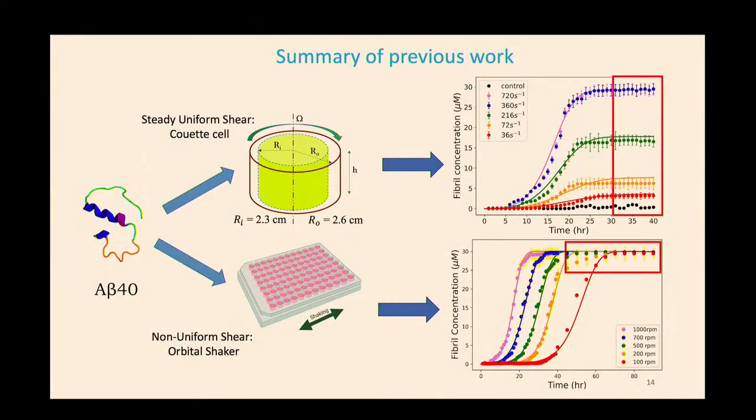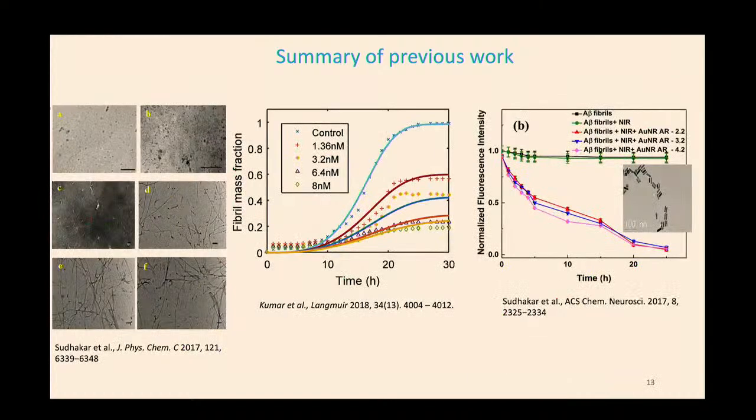Maybe I will quickly run through some of the previous work, and then I'll go to the LLPS part. What you see here is a TEM micrograph of those fibrils. You see these thread-like objects, those are the amyloid beta fibrils. Based on the fluorescence assay, you can study the kinetics as a function of time, how much fibril is formed.